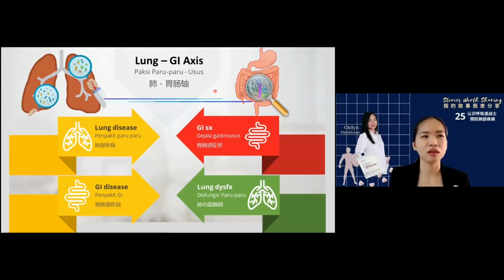So take a look. What are the symptoms when your lungs are infected? Your stomach might hurt, or you might have diarrhea. Like stomach pain or diarrhea, or maybe some might have asthma and stomach bloating, etc. This is because both are interrelated and affect one another.